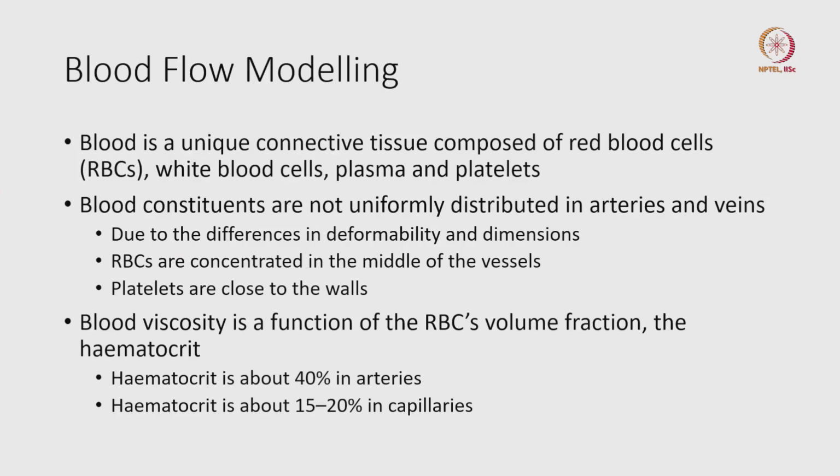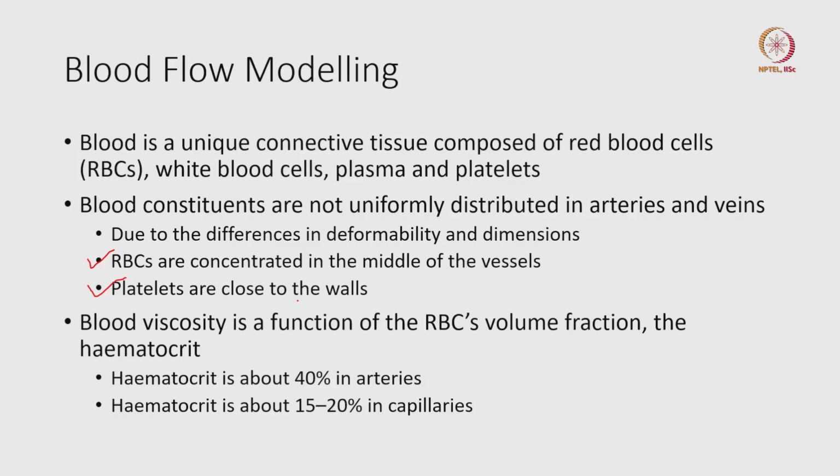For example, there are RBCs, platelets, white blood cells, and plasma. In addition, they have their own properties. For example, the RBCs, that is red blood cells, are concentrated in the middle of the vessels. Platelets are concentrated at the walls of the vessels. So, they have their own properties.